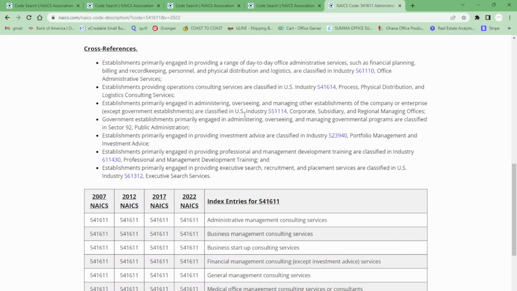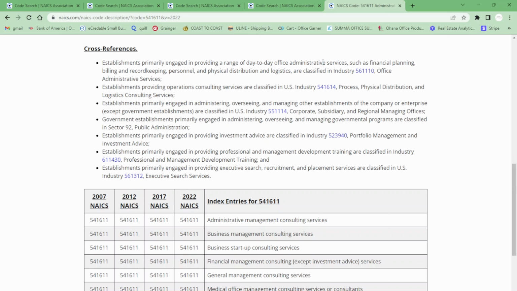Like me, I use administrative management consulting because it really falls under all of this. I don't have to have multiple NAICS codes, because everything I'm doing falls under this general code.